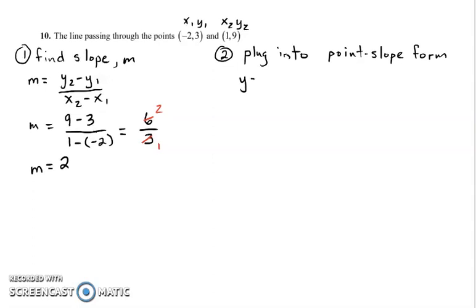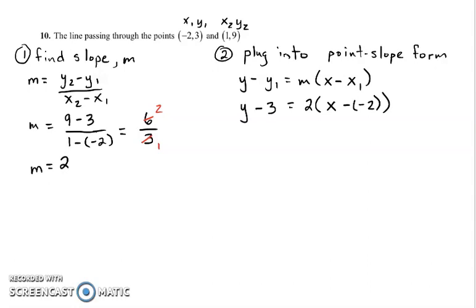So we have y minus y1 equals m times x minus x1. So y minus 3 equals 2 times x minus a negative 2.